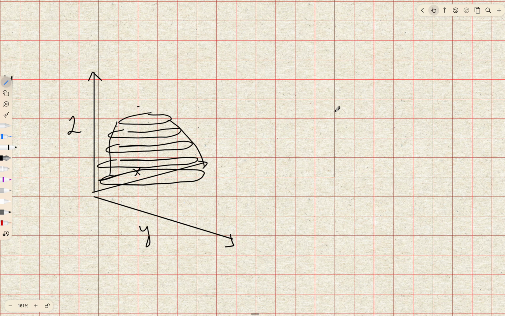At these lines, the value of f is constant. For all the points on a line, the value of f is some constant: C1 for this line, C2 for this line, C4 for this line, etc.